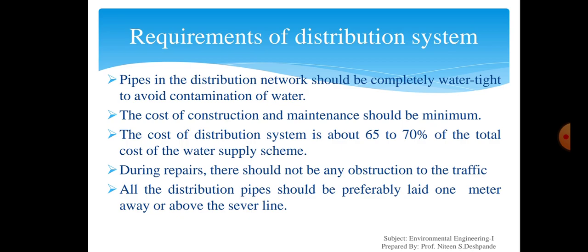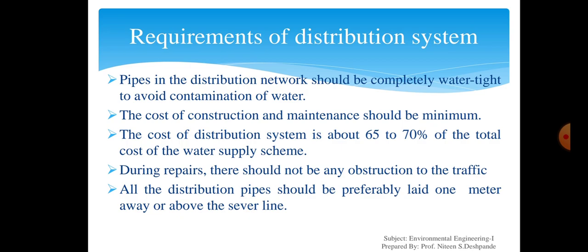So it is very necessary to design the distribution system in such a manner that the consumer must get the water with the purity and quality of water. Now during repairs there should not be any obstruction to the traffic, and all the distribution pipes should be preferably laid 1 meter away from or above the sewer line.